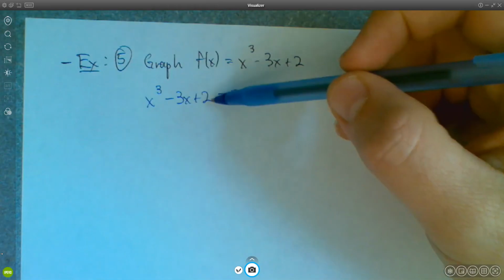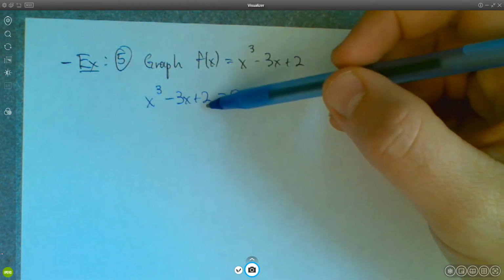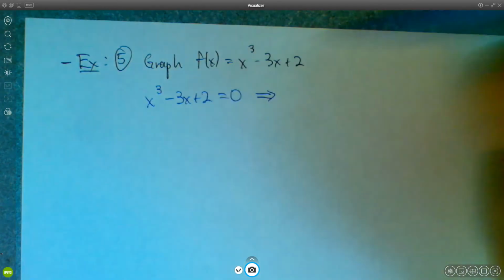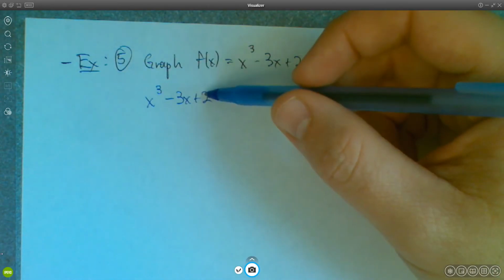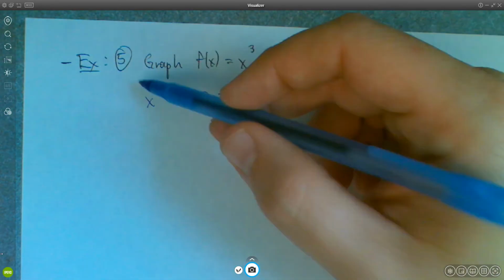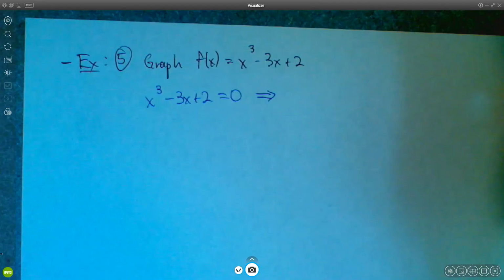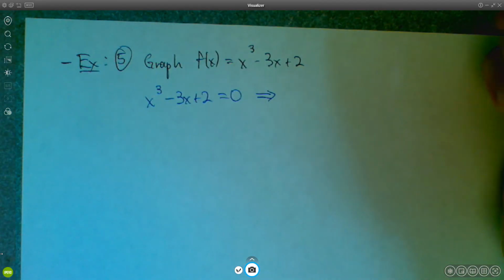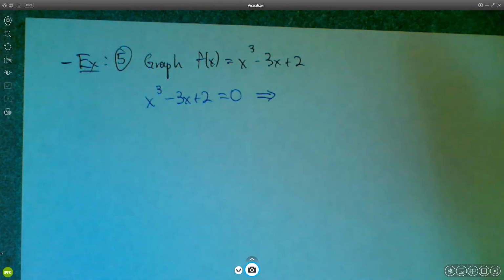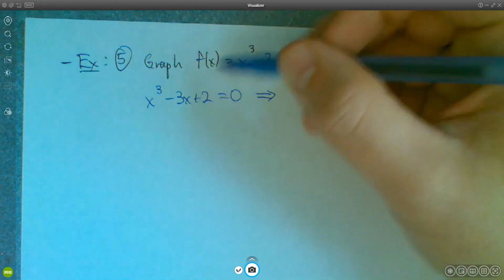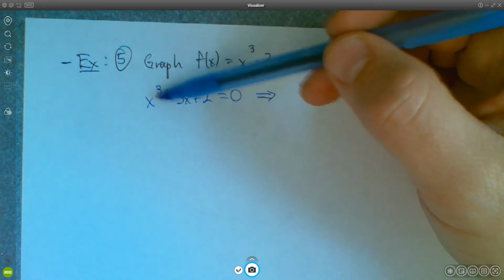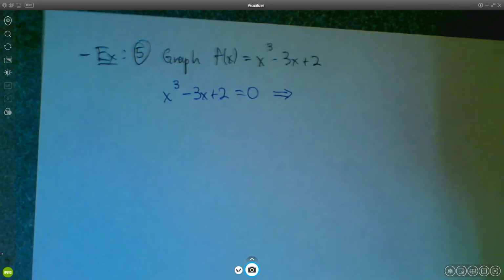So I think what I'm going to do is use the rational roots theorem. The possible rational roots are going to be factors of 2 divided by factors of 1, so that's going to be 2 or 1, positive or negative. And then I'm going to test these.